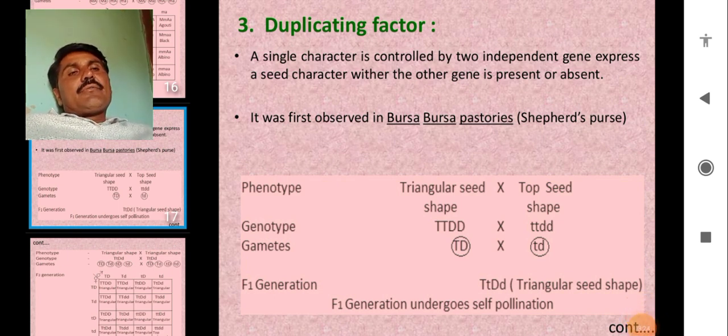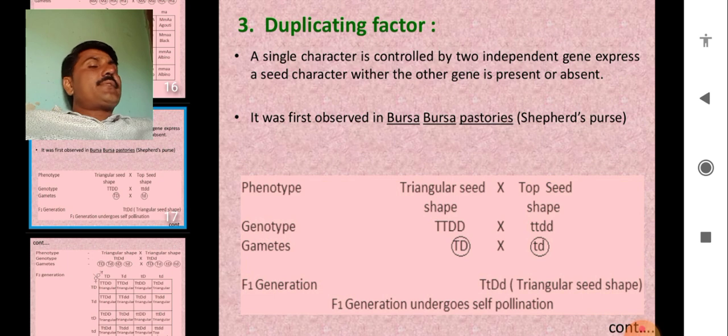It was observed in the shepherd's purse, and the seeds were selected of two types, that is the triangular seed and the top seed.